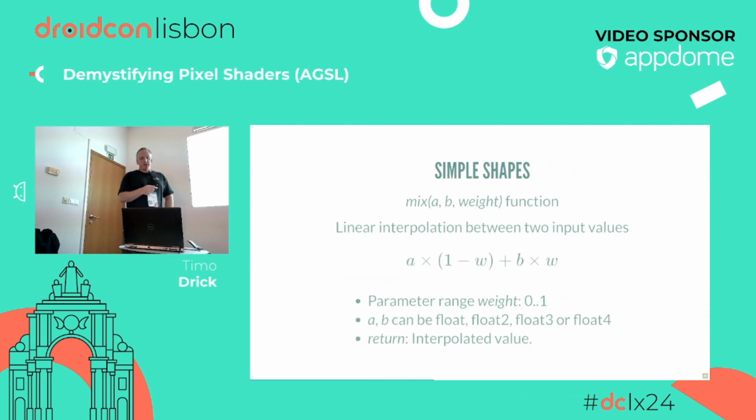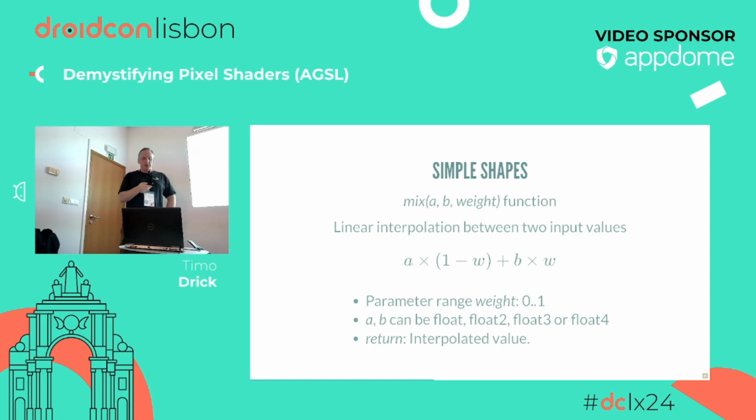The other thing we need is the mix function, so that we can mix two colors together, the background and the foreground color. This is just a linear function between both values. Here is the mathematical function, but it's not so important that you know it. This mix function is also built in the shader code.